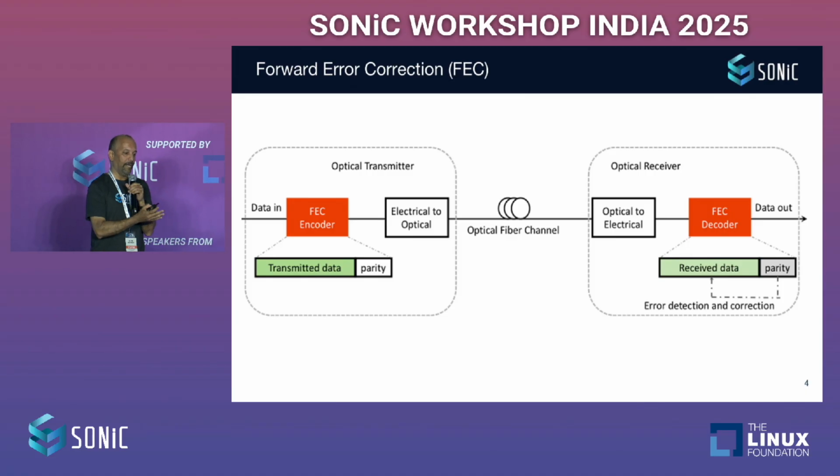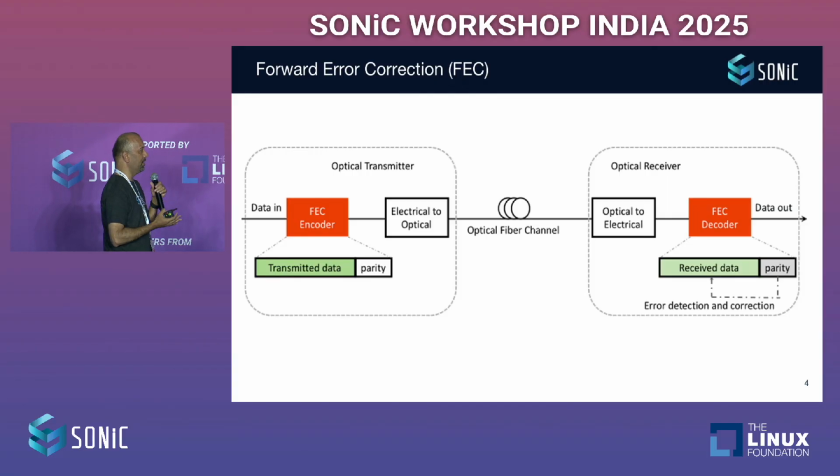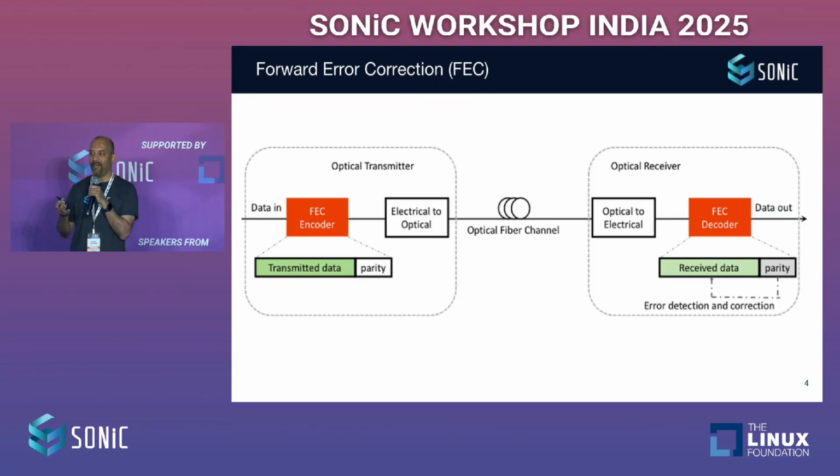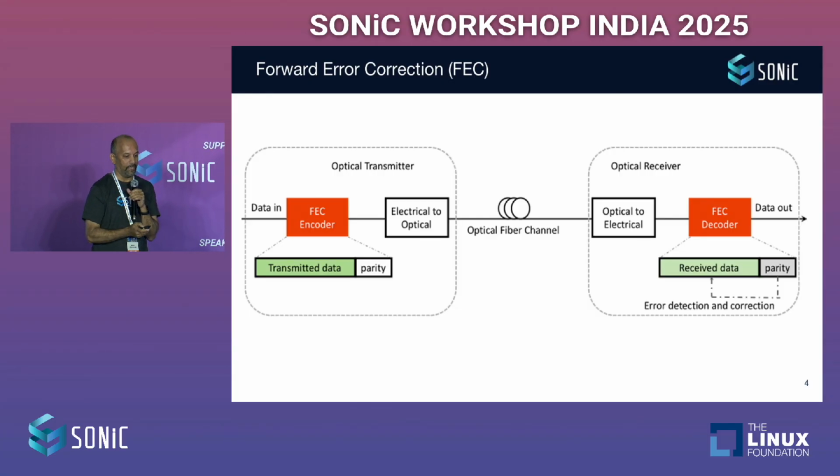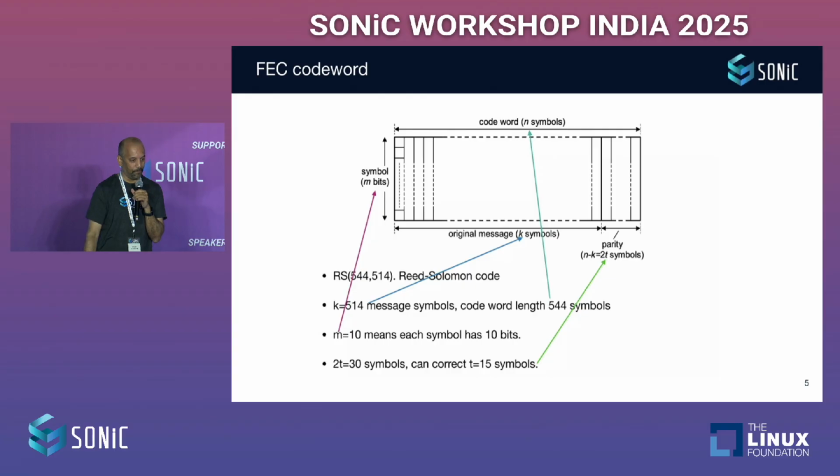Typically, data comes in, the encoder encodes the packet and adds parity to it, and the receiver can look at the parity, do some corrections and detections of the bits. That's a very typical scenario, and it continues here. The important thing is the FEC code word.